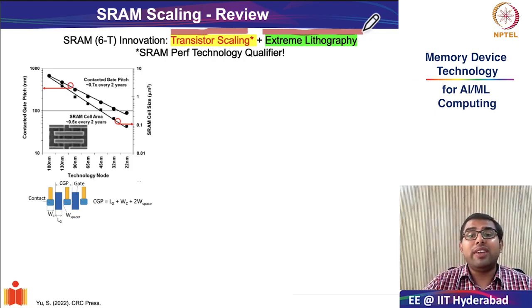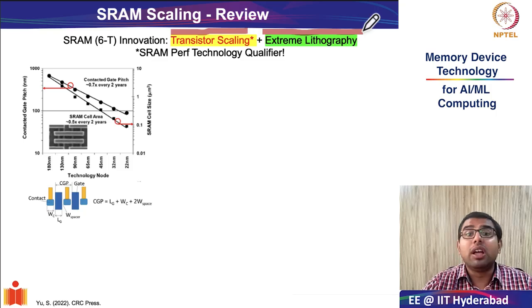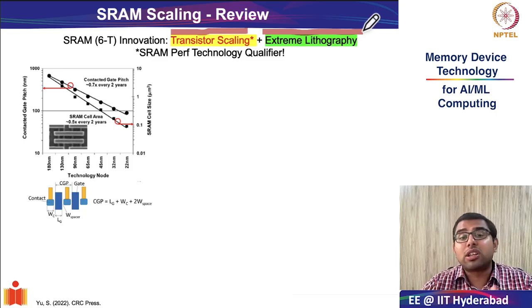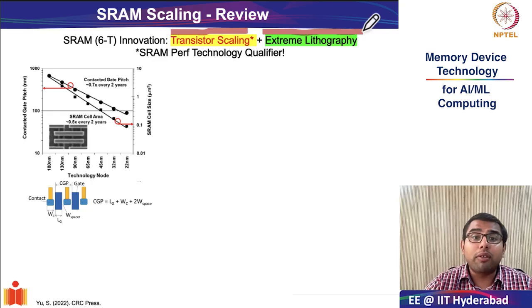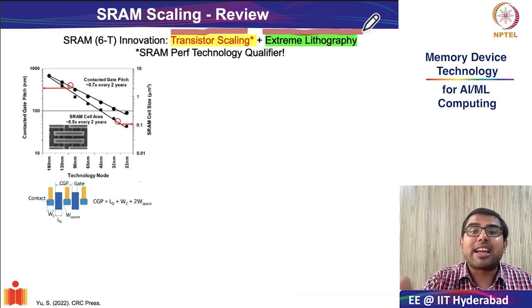So nowadays we are in the 3rd generation of nanolithography, where we are able to print really tiny dimensions using extreme UV lithography. Okay, now the benefits that individual transistor performance have derived from both these aspects, transistor scaling technology and extreme lithography, have actually been transferred over even to SRAM technology, and therefore SRAM technology has become a technology qualifier for any advanced technology node.